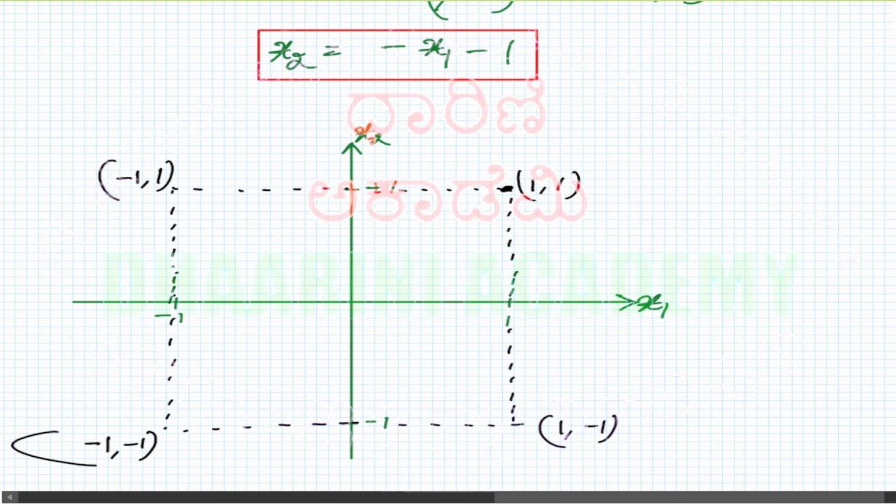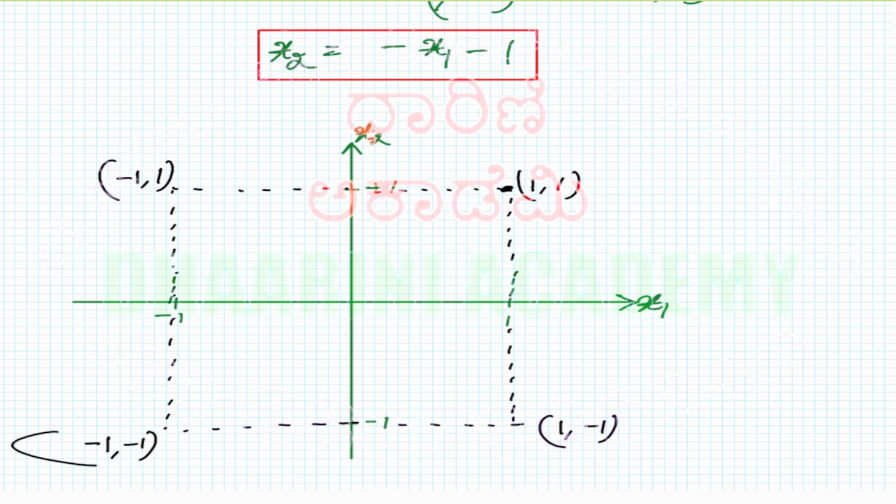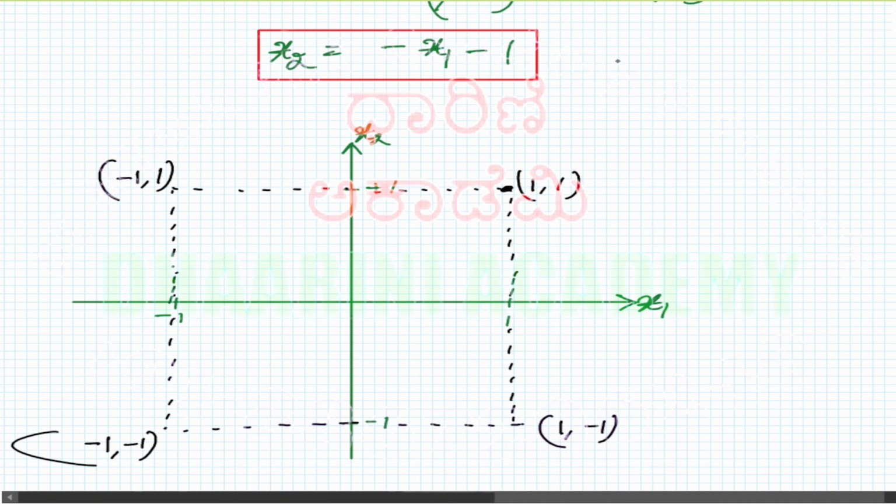Out of which we know that three fall under one category, and the other point, minus 1, should be a different class. So now this straight line which we obtained by applying the Hebbian learning rule should be able to classify these: 3 points on one side of the straight line, the other point on the other side. Now how to plot this line? Let's make x1 equal to 0.